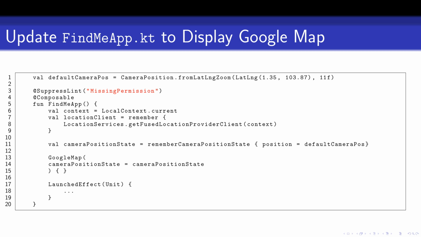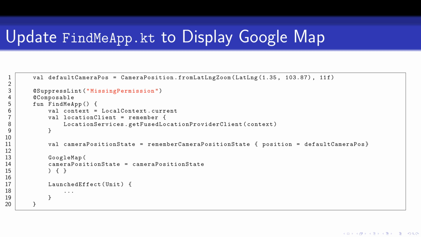The default camera pose is defined at the top using coordinates for Singapore. Within the composable, you initialize the context and create the location client using the Google Play Services Location provider. Then you set up the camera position state using rememberCameraPositionState, providing the default position so the map starts centered.